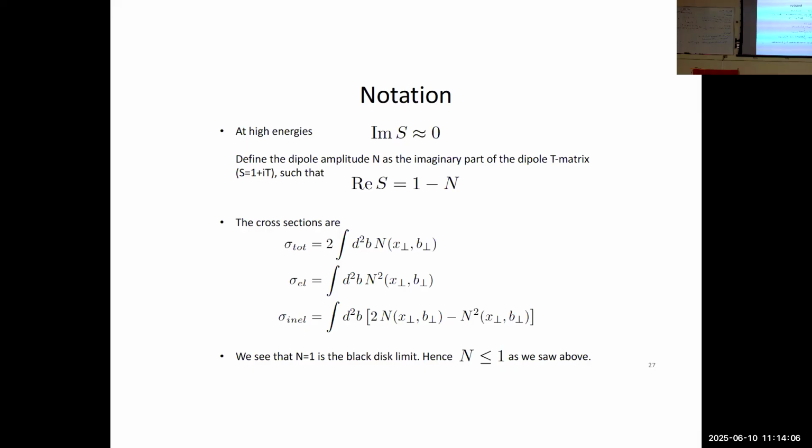If you write d sigma d2b, that also depends upon impact parameter. How do we get? So what is the problem? So the first expression that you wrote here.